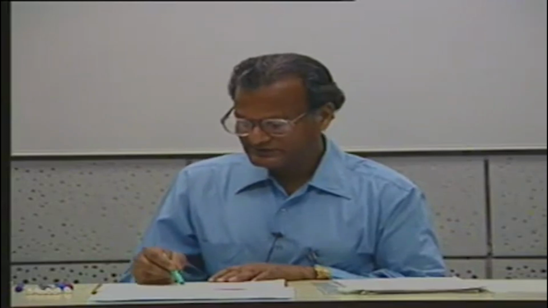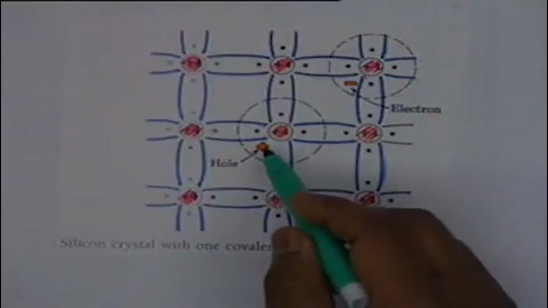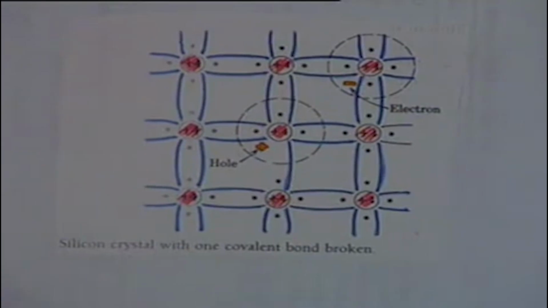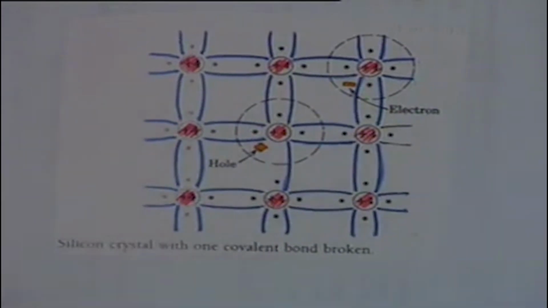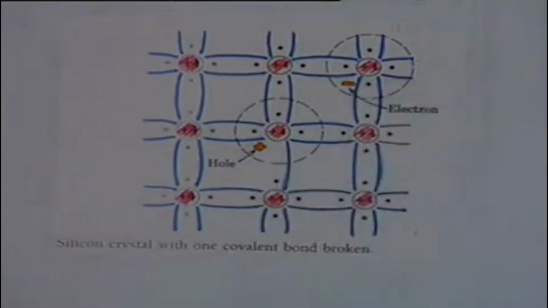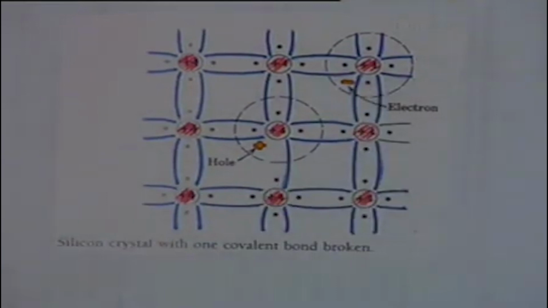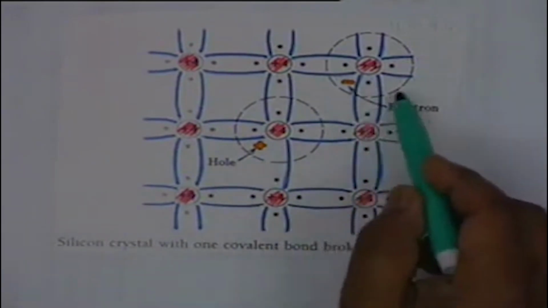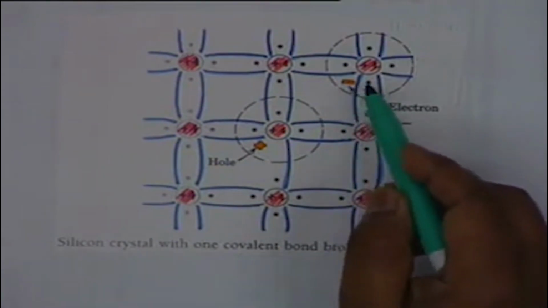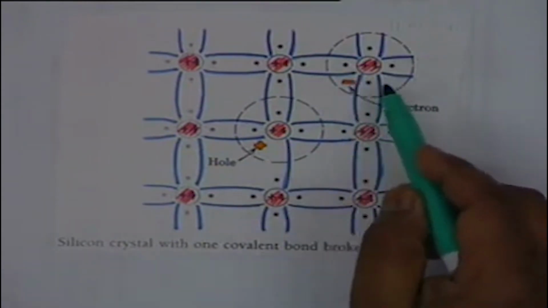Let's take a picture. Here we show this central atom of silicon. An electron has been knocked out of this either by thermal energy or light energy or some other kind of energy. The electron has been excited enough to move from here to some other position, let's say somewhere here. All right. Then if you consider this region, before this free electron had entered this region, the region was electrically neutral.